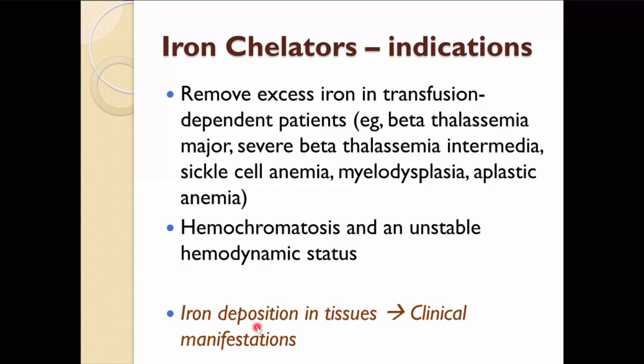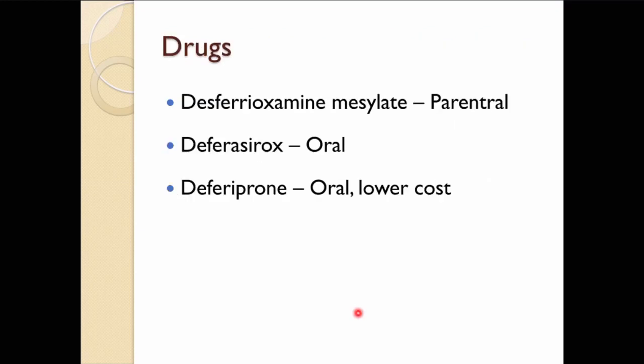Because iron deposition in tissues, it could be in the heart, the joints, the brain, the pancreas, will lead to clinical manifestations. If you're interested, you can read about what these clinical manifestations are. So the drugs that are available, we have desferrioxamine, which is a parenteral preparation.